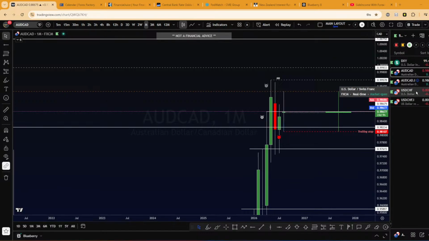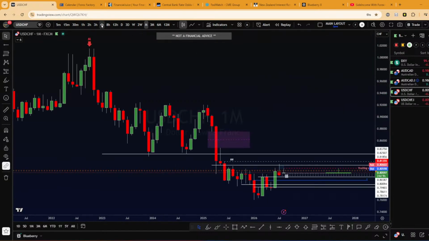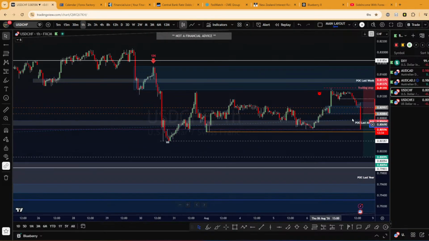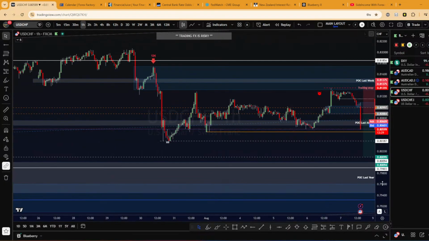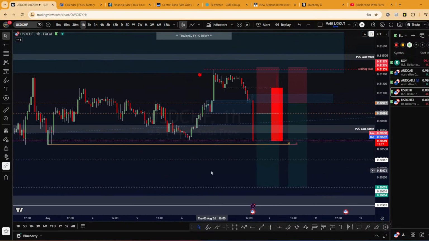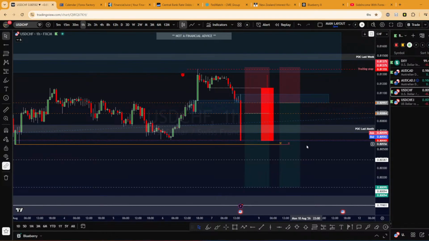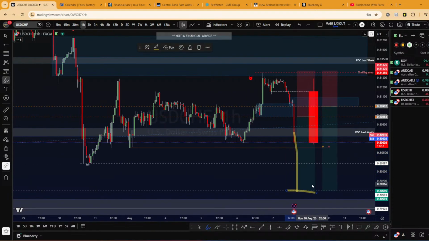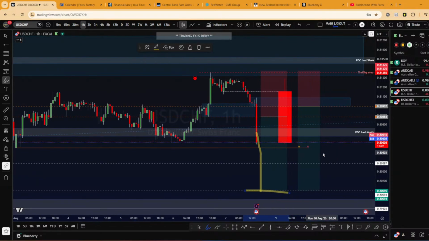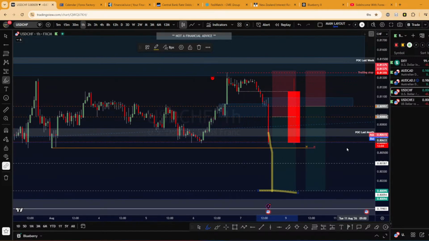This sell limit on USDCHF, I will take the same trade if I get triggered on the challenge. I just need some sort of retrace. But if price continues to drop without giving me a retracement and drops straight to the target, I will end this trade idea. Simple as that.